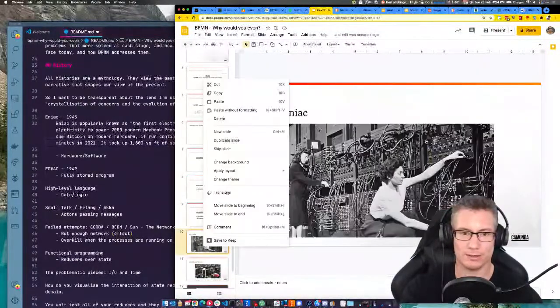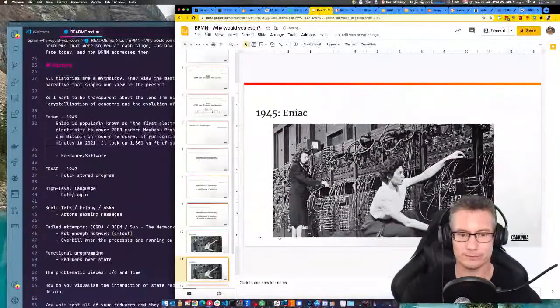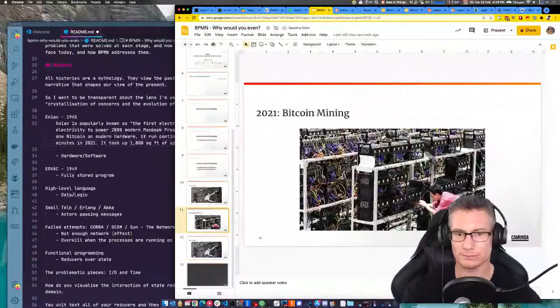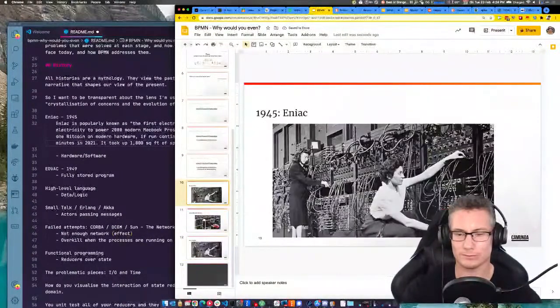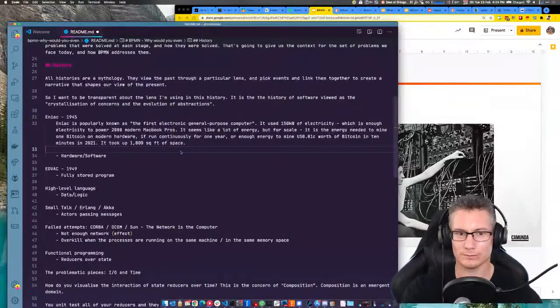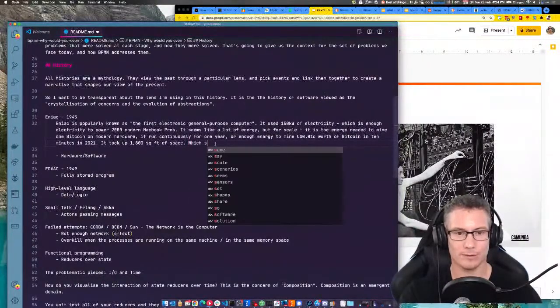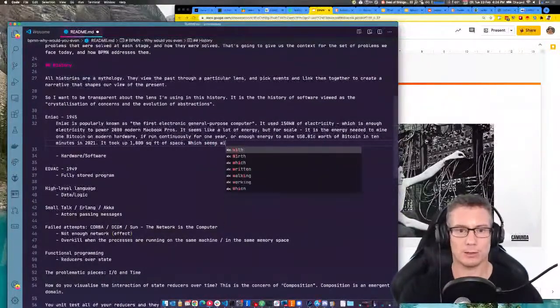Okay, duplicate the slide again. Which seems like a lot for a computer.